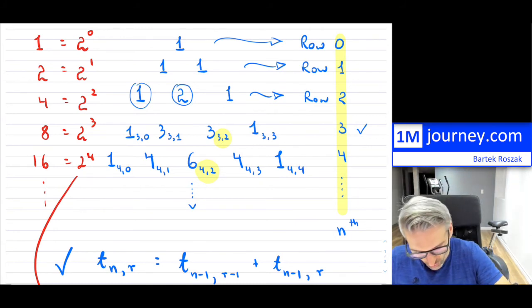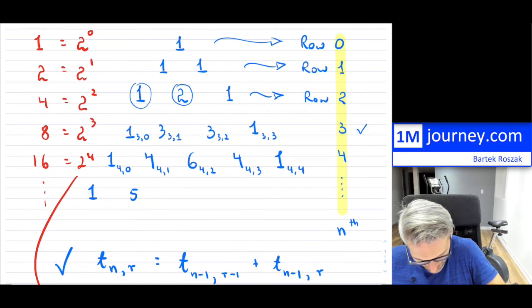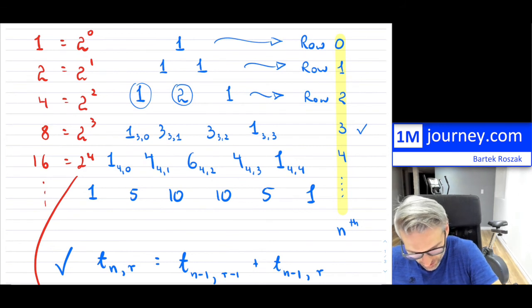So I'm going to do one more item within Pascal's triangle here, just so that you can see it, and then I'll point out to you that third diagonal. So this would have been 1, this is 5, this is 10, this is 10, this is 5, this is 1, and this is what I mean by the third diagonal.